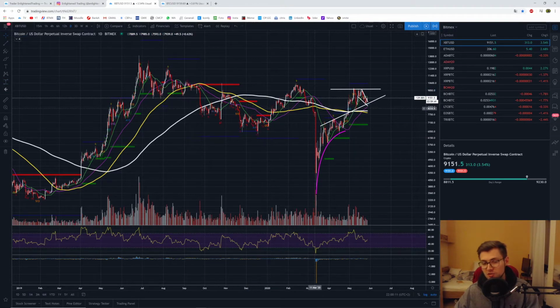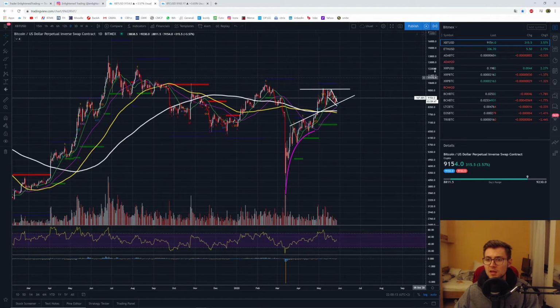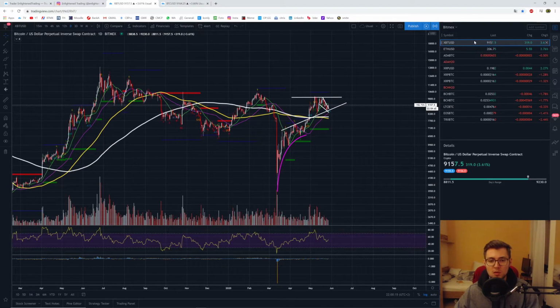So there's a pretty dramatic difference, and that's why I think Bitcoin will be the number one cryptocurrency, at least from the larger caps, which profits from this massive bull run which is most likely coming.